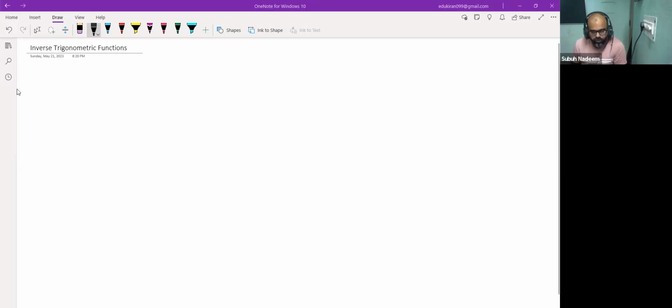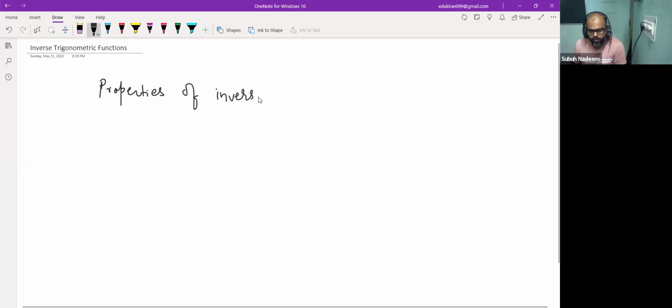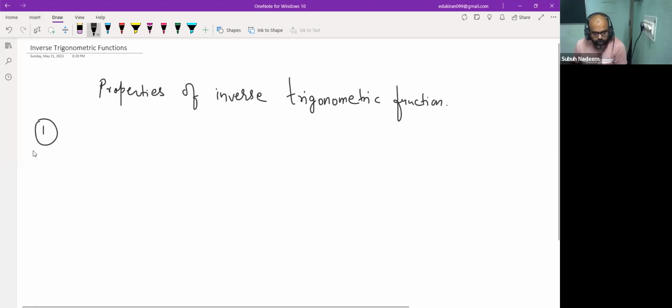So the properties which we will be doing first is, we did a few properties yesterday, and today the first set of properties is that if it is given sine inverse of 1 by x, then it will be equal to cosec inverse of x.